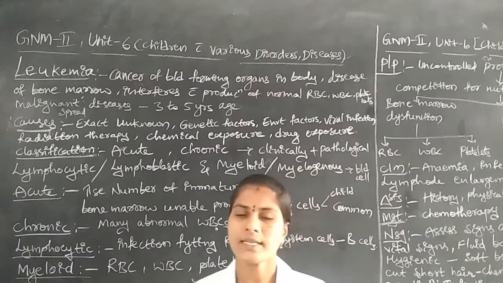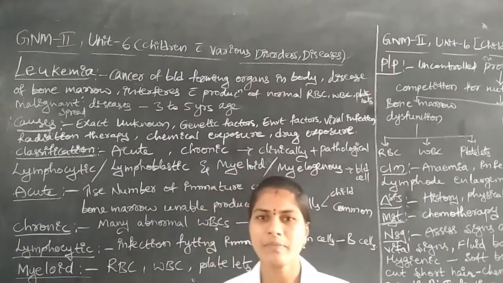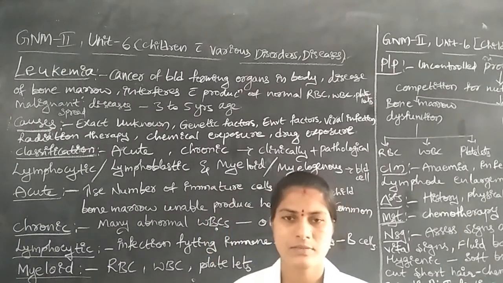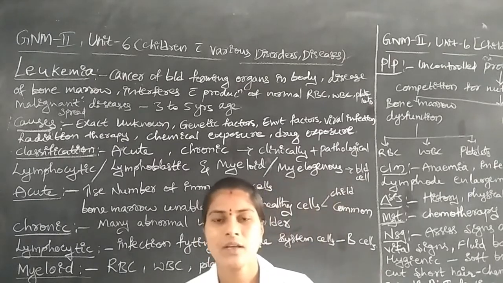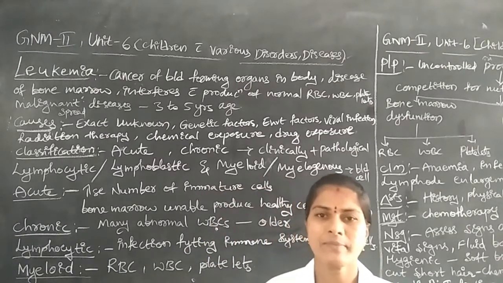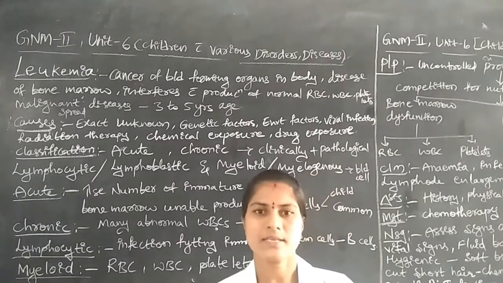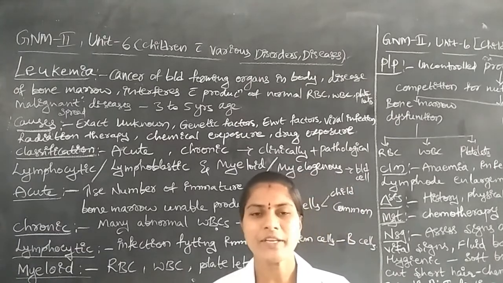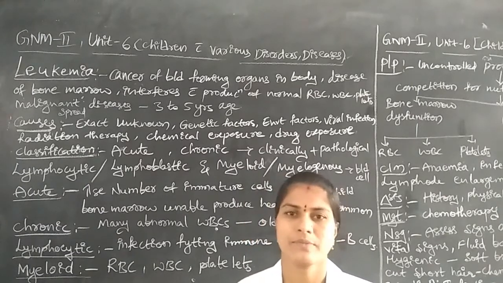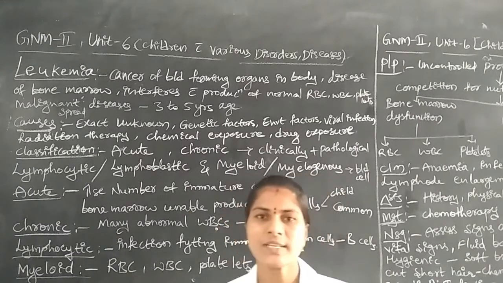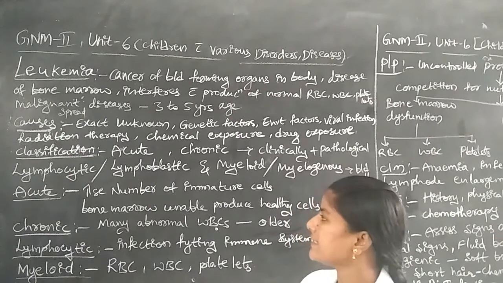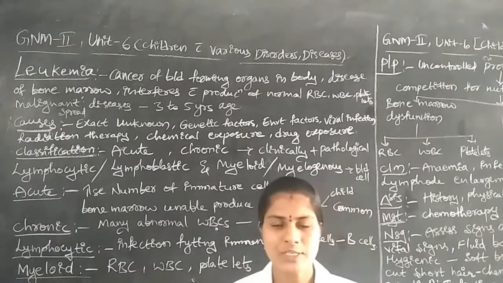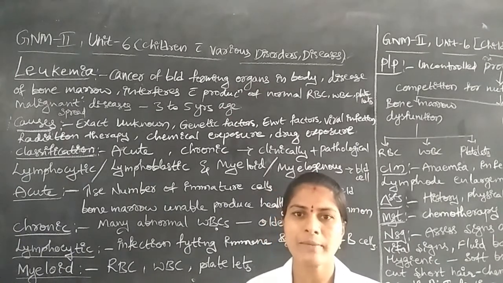Next, the second major type depends on which cell in the blood is affected by this cancer. Depending upon the cells, leukemia is again divided into two types. The first one is lymphocytic leukemia, lymphocytic or lymphoblastic leukemia.